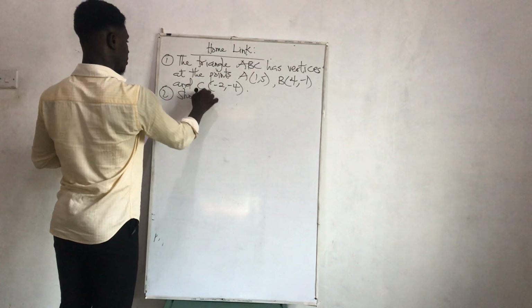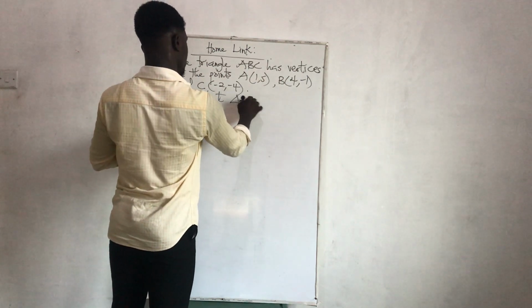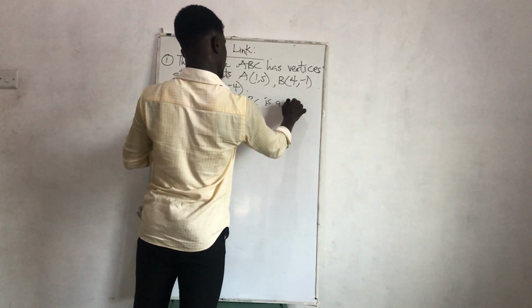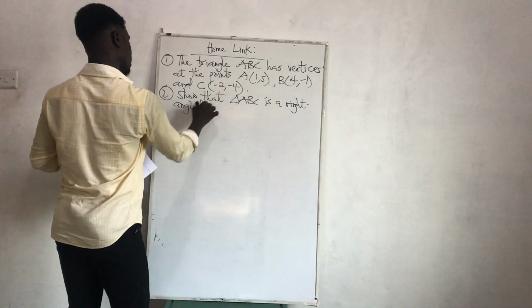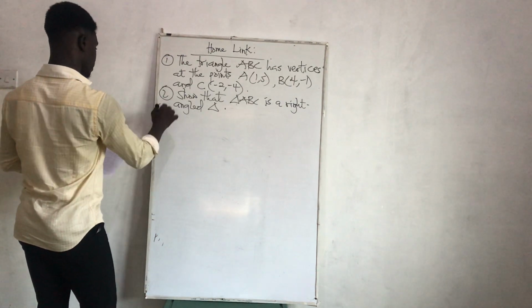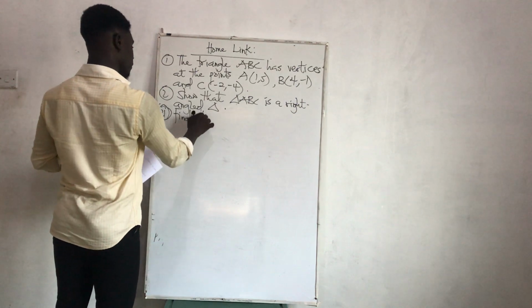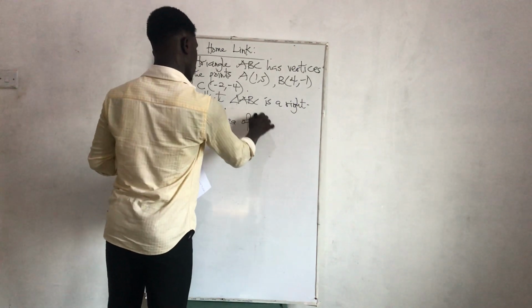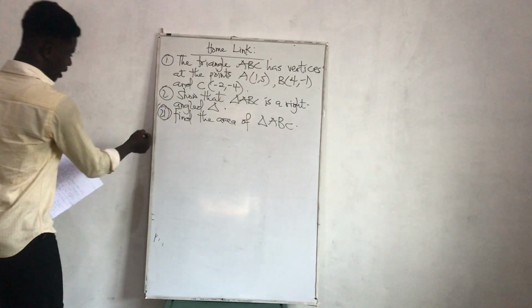Show that triangle ABC is a right-angled triangle. Then find the area of triangle ABC.